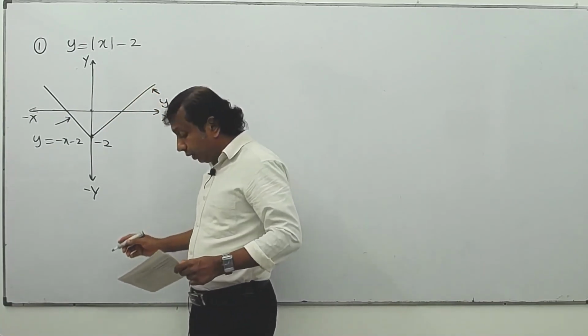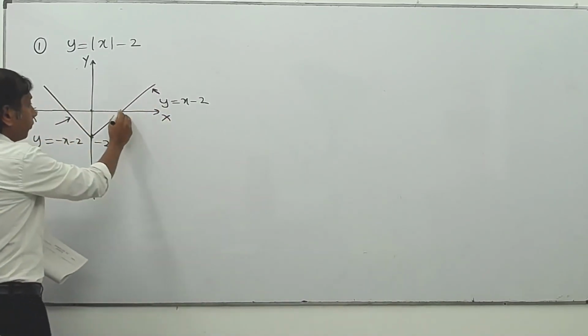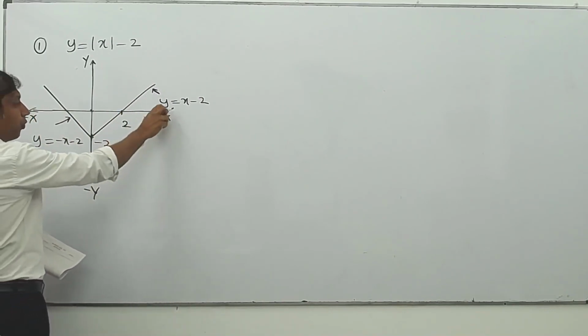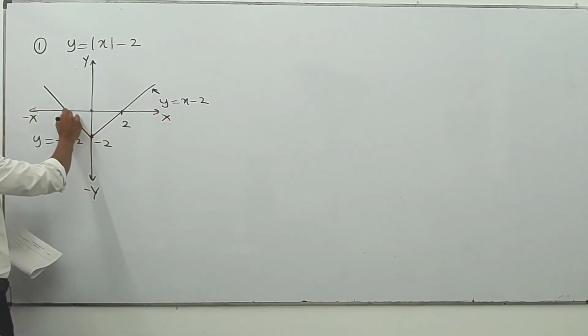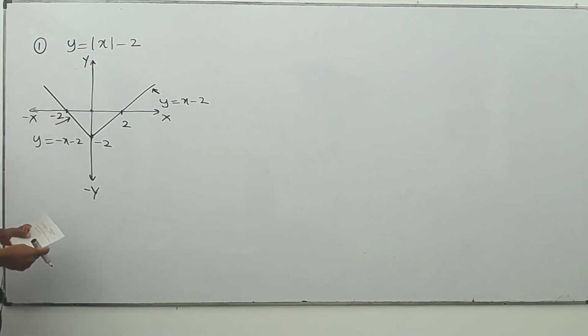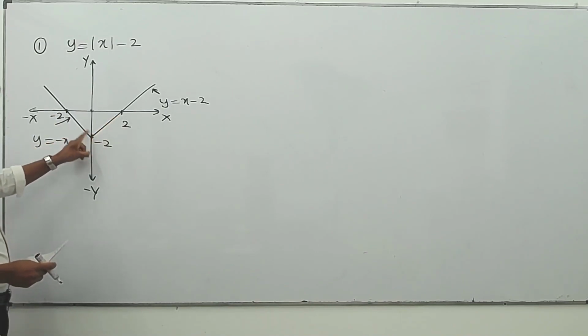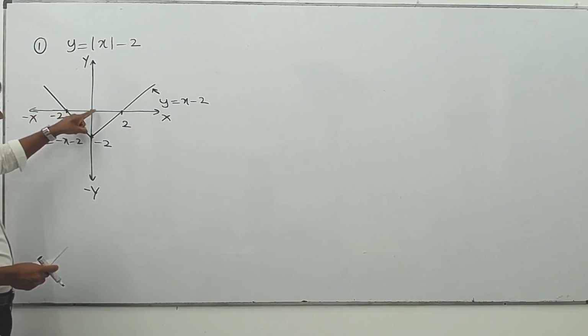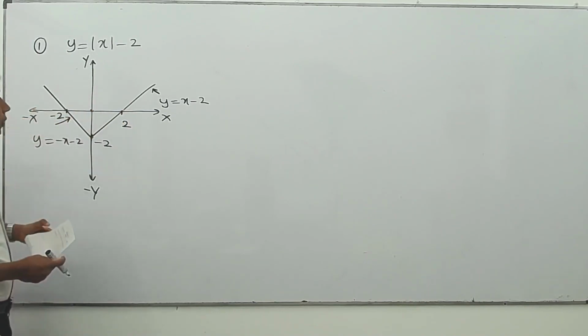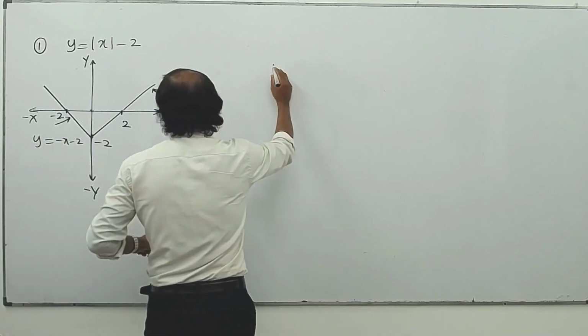Okay, so then this point has x coordinate 2, no? When you put y equals 0, x is 2. Here, x coordinate minus 2. Then when you take the mirror image of this, assume the x-axis has a mirror, then the image is going to be like this.